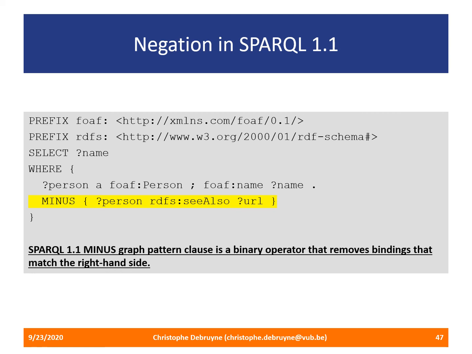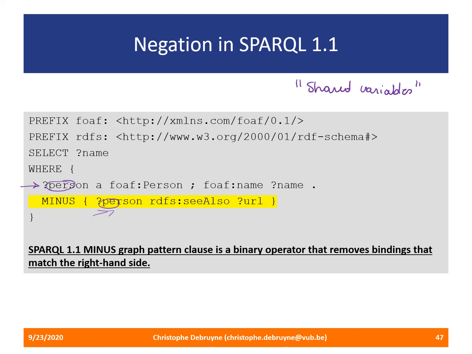The MINUS graph pattern is a binary operator where you remove bindings from solutions in the pattern on the left-hand side with bindings that match on the right-hand side and for which there are shared variables. And this is quite key and important to note: shared variables.